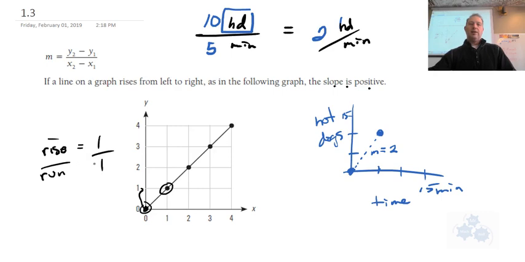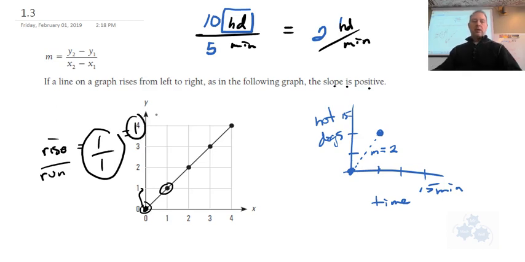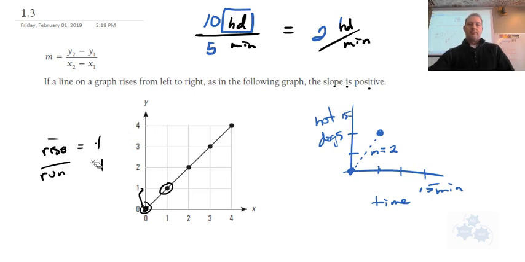The rise divided by the run is 1. That's a positive number, isn't it? 1 over 1 is positive 1. So if the line on the graph goes up from left to right, the same way you read, that's a positive slope. That means we have a positive run and a positive rise. Any questions about that so far?